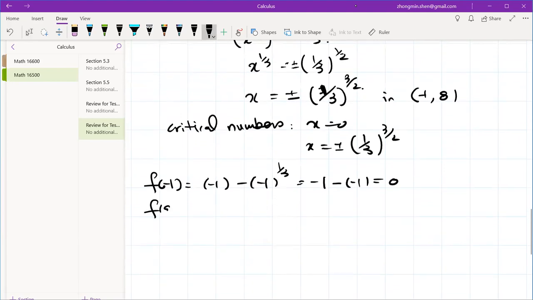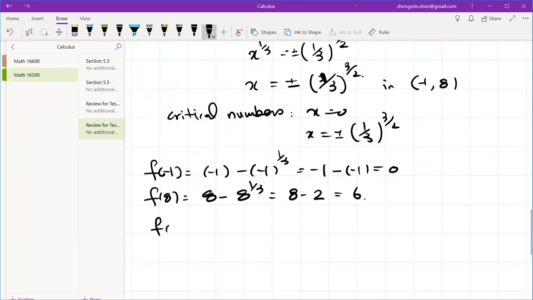At the other endpoint, it's 8 minus 8 to the 1/3. 8 minus 2 is 6. Then at the critical number 0, it's 0.